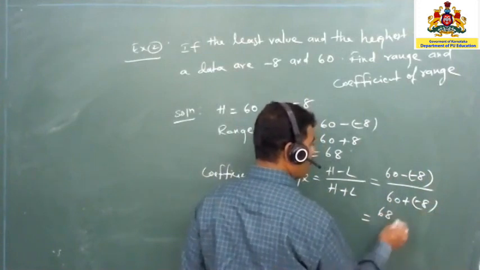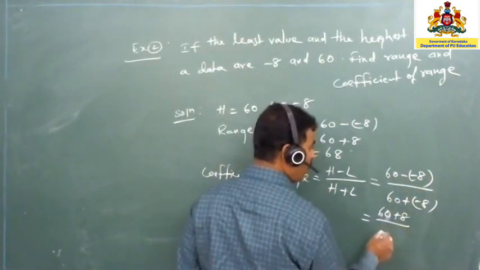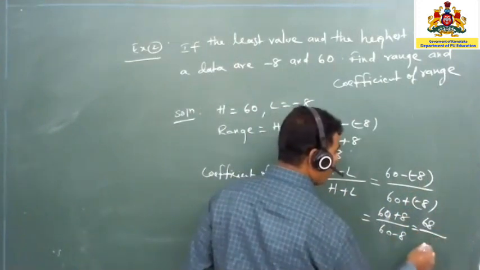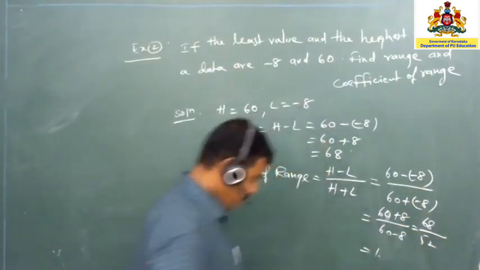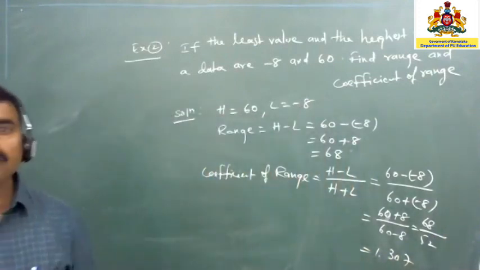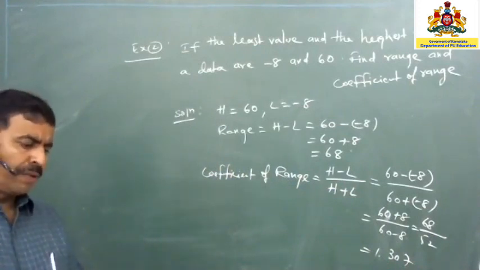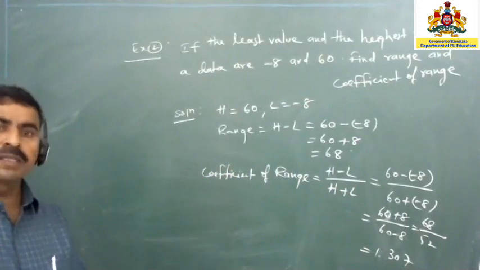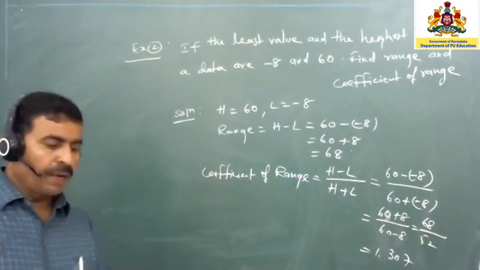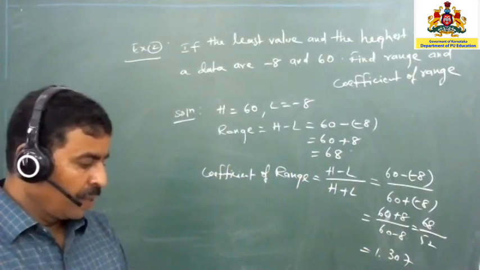Numerator is 60 plus 8 equal to 68, denominator is 60 minus 8, 52. 68 by 52 is 1.307. So in the textbook, page number 153, examples 1 and 2, and some exercise sums based on range are there. It is important for 2 marks mainly, you can complete.